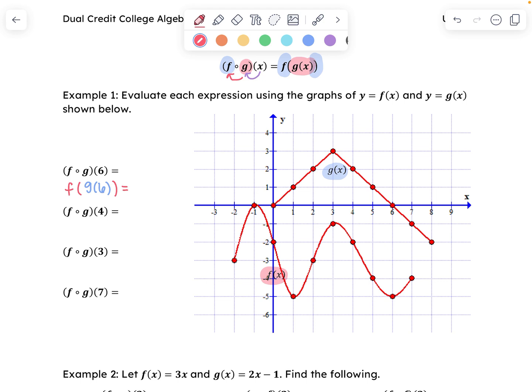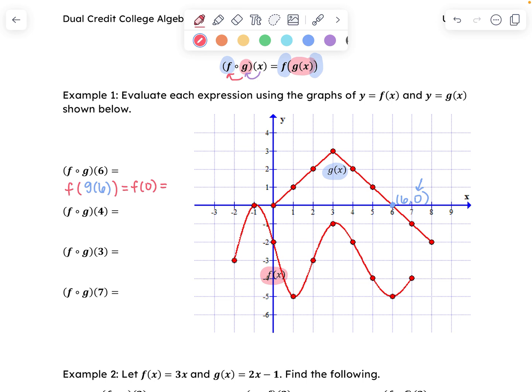I'm going to look at my g and go over to where 6 is, and that's this point right here. I have the point (6, 0). So that 0 is what we're going to plug into our f function. Now I can rewrite this as f of 0, because when we plug 6 into g, we got the output of 0, and that output is now our new input for the f function.